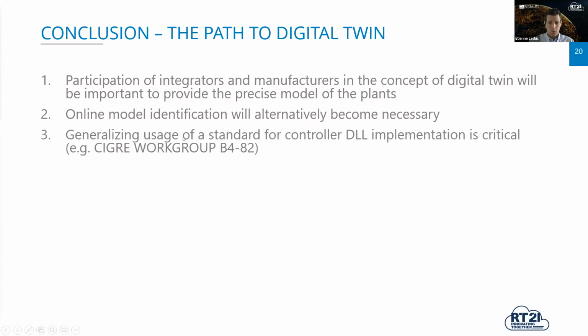It's very important, as we mentioned many times today, to generalize the usage of a standard for controller DLL implementation, like the CIGRE work group before 82, they're working on this, the real code.